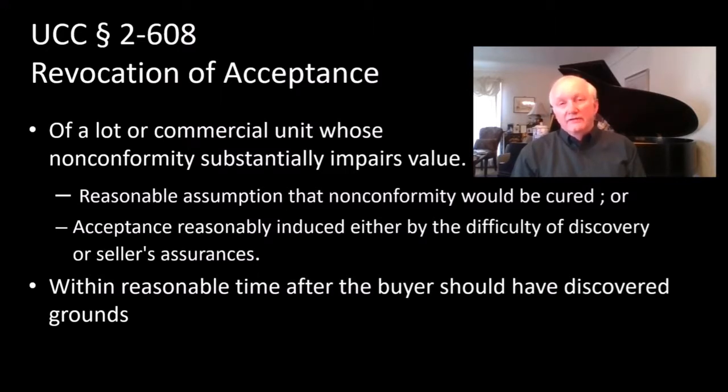Which led me to believe that I did have issues with defects in terms of this, that they'd take care of it. That may have triggered the reasonable assumption that nonconformity would be cured and prevented me from having, under the UCC, to issue a written letter notice to the manufacturer that we were revoking acceptance, copying the retailer, letting them know specifically what was wrong, and that is the ice maker wasn't working.